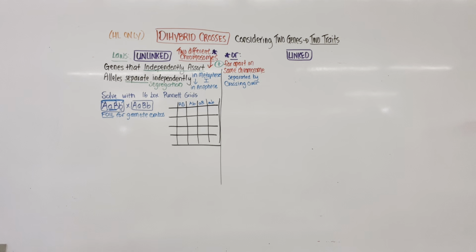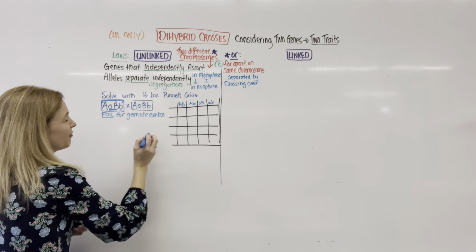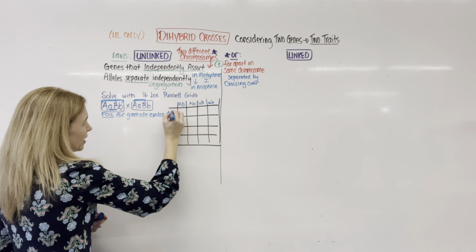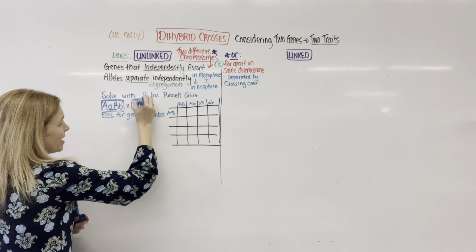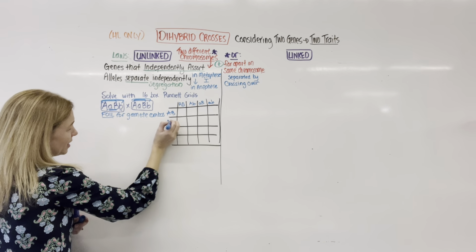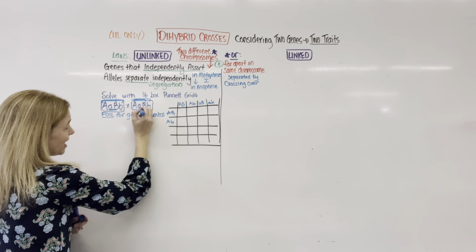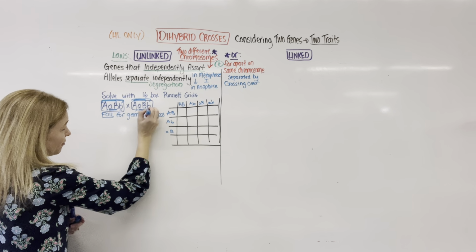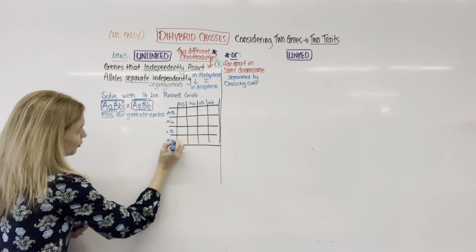Just to show you that again on the other parent. First, big A, big B. Outside, big A, little b. Inside, little a, big B. Last of each, little a, little b.